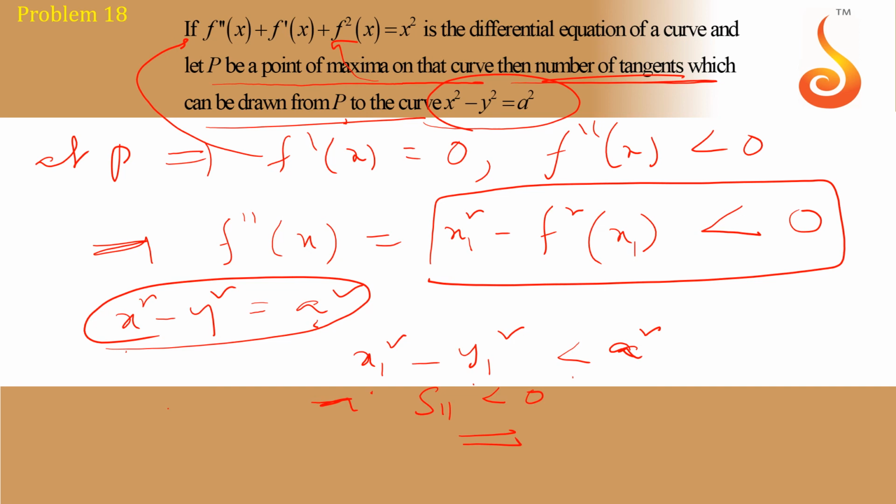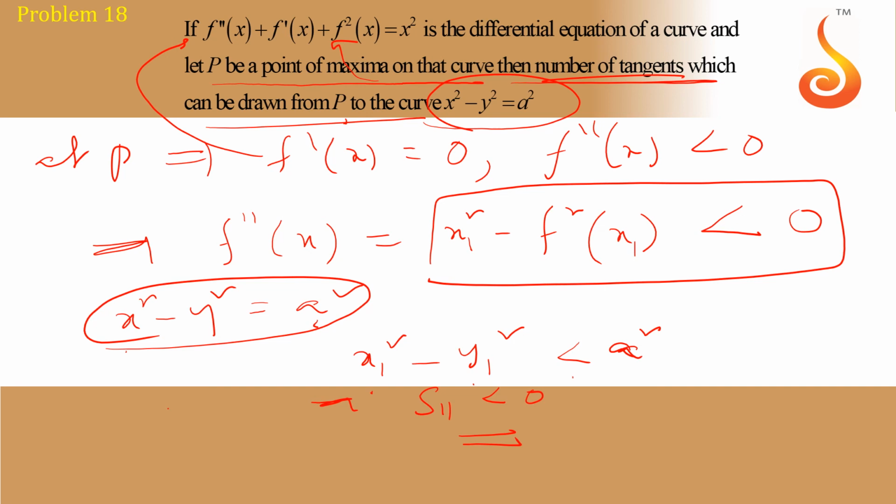This says that the point P lies outside the hyperbola. Then how many tangents can you draw from that point P? See, P is a point on the curve f of x, and it is a point of maxima on that curve. From that point, how many tangents can we draw with respect to the hyperbola?